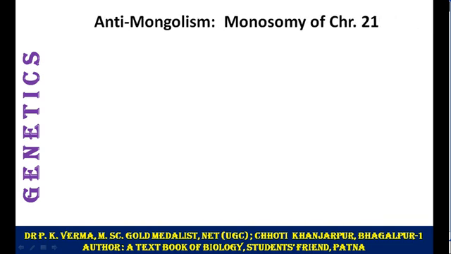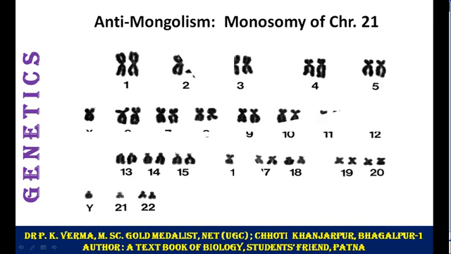Now see some of the important cases. Monosomy of chromosome number 21 causes a symptom known as anti-Mongolism. This is the karyotype of the affected person. There are all the chromosomes there, but see, where is chromosome number 21?